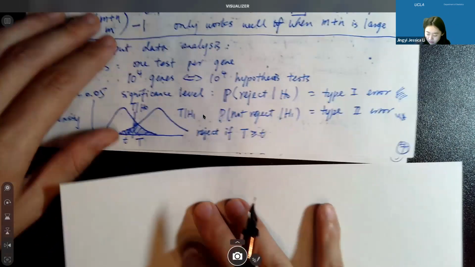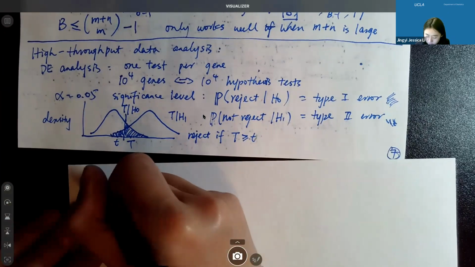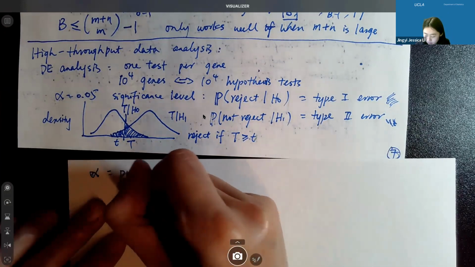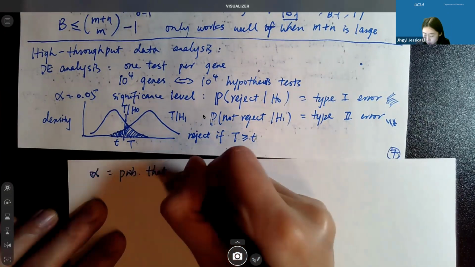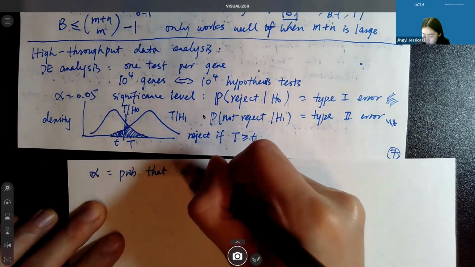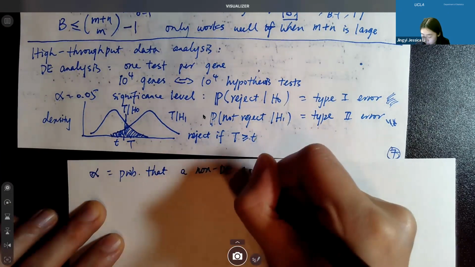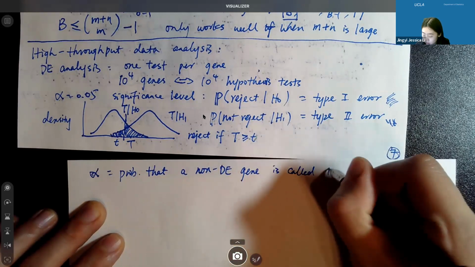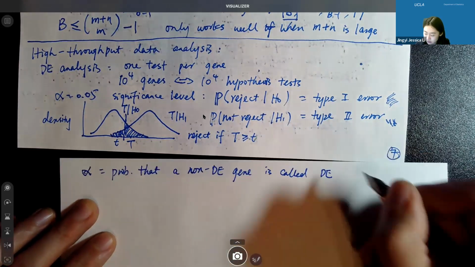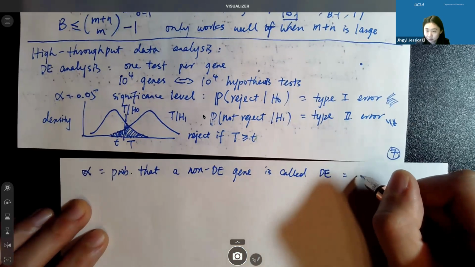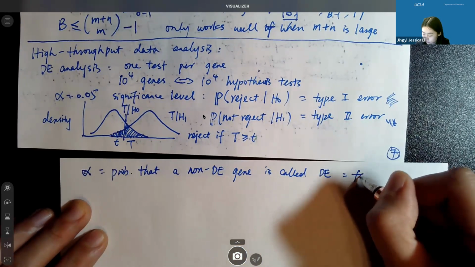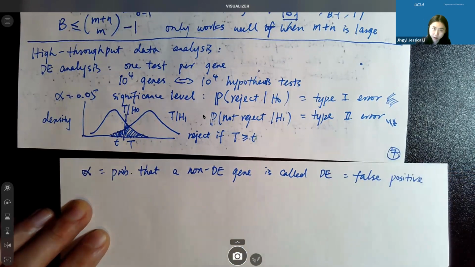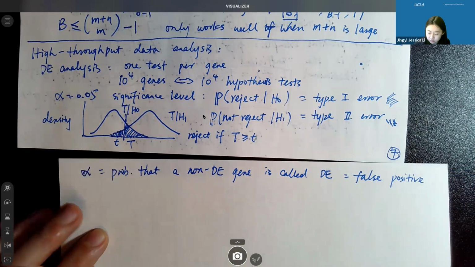Okay, so alpha, by type 1 error, is the probability that a non-DE gene is called DE. So in other words, we say it's false positive because in our case, calling it DE is a positive, but it's false.